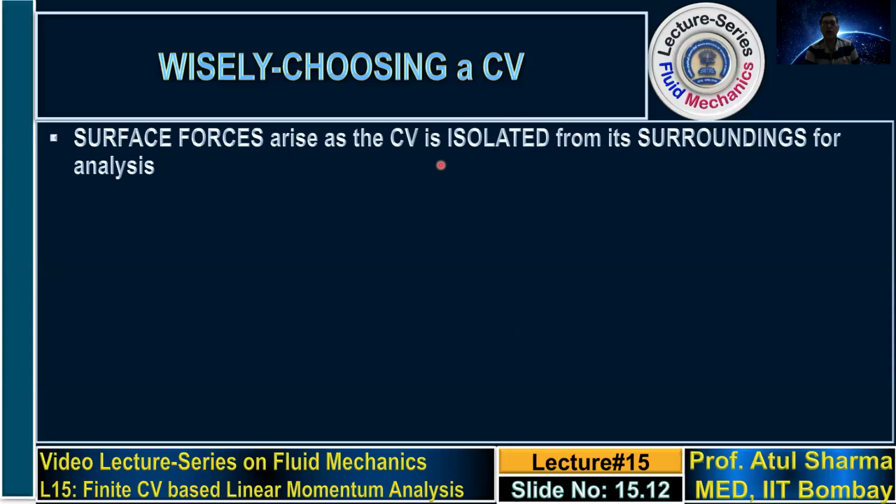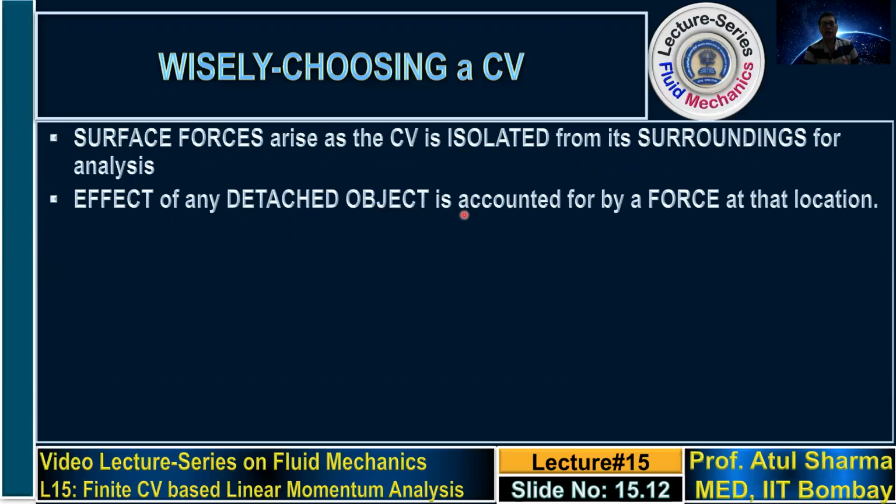So when you cut the control volume at the interface of the pipe and the tap, the fluid which is entering has a certain pressure, and the pressure is the surface force that arises as the control volume, or the tap, is isolated from the surrounding pipe.